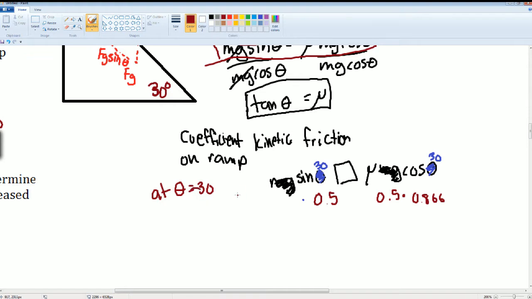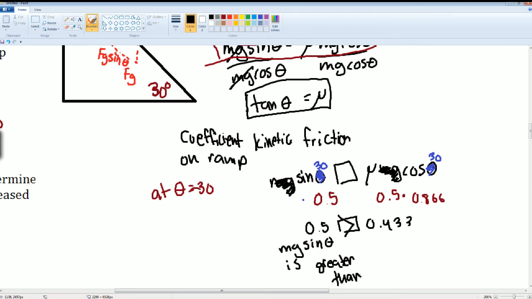In short, once you do the math, you get 0.5, box, 0.433. You know that this is much bigger. So you would say that this force, the mg sine theta part, is greater than the mu mg cosine theta part.